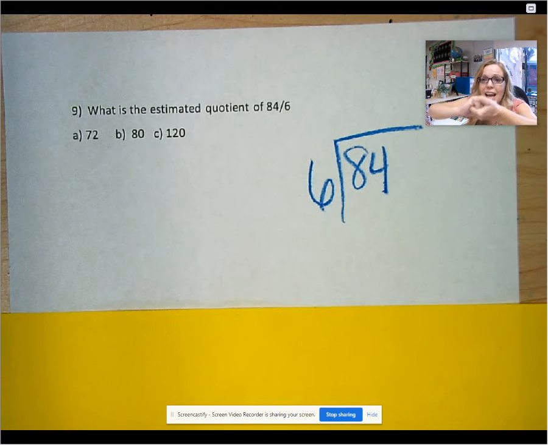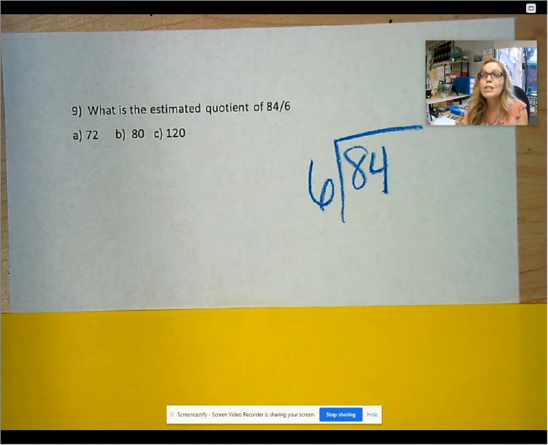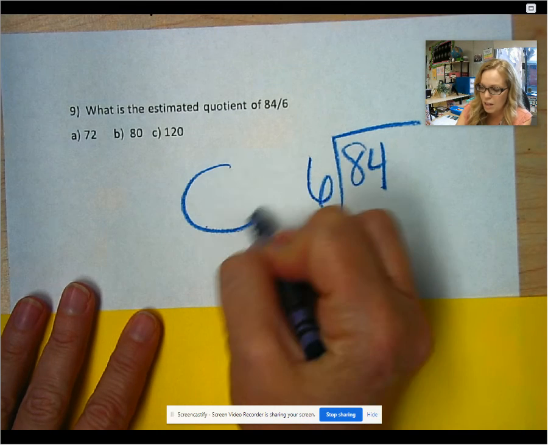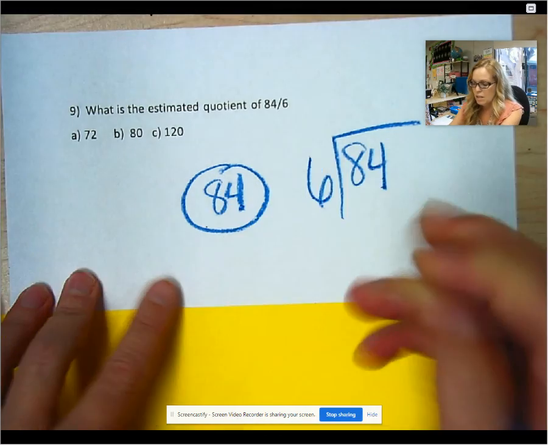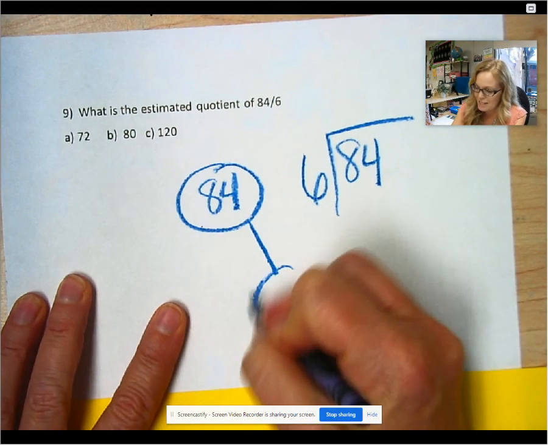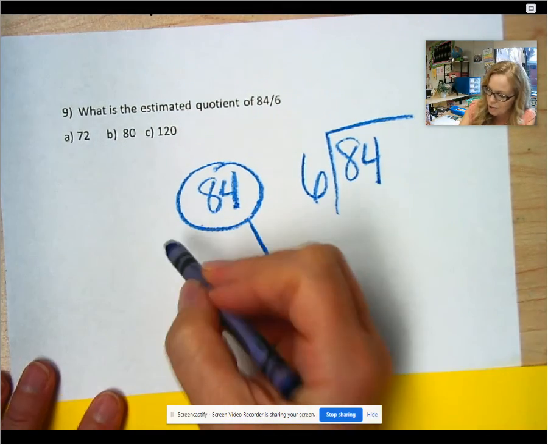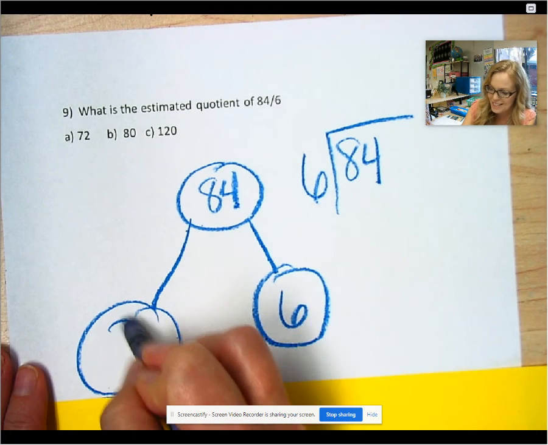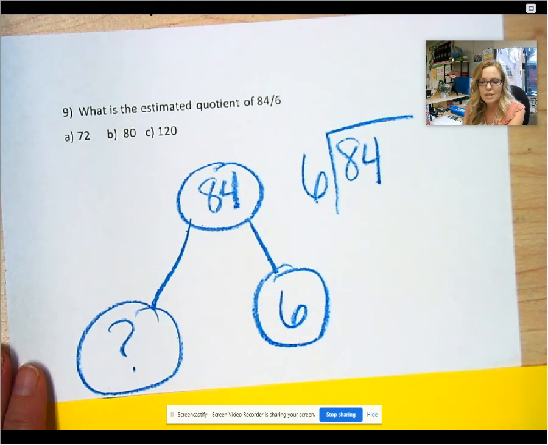We were saying that division and multiplication are related, that weird cousin, right? So if we don't yet know our division, what we can say is, well, 84 divided by 6 is going to equal something. We don't know what.